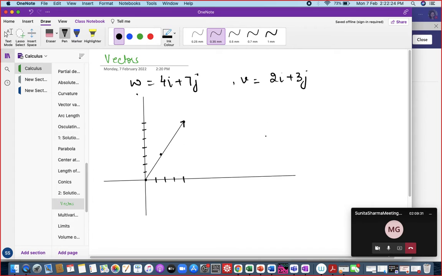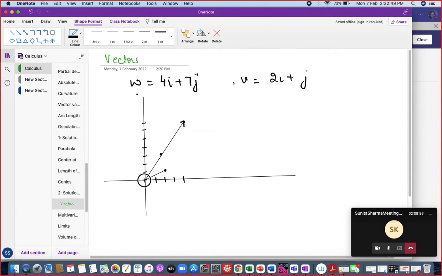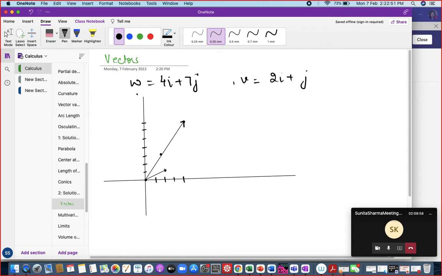Somewhere here, let me take 2i plus j instead, because these two lines are very close. So I take a point here. This is my vector v, okay, and this is my vector w.